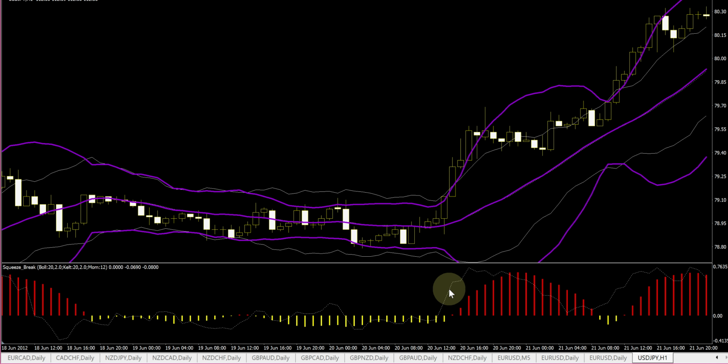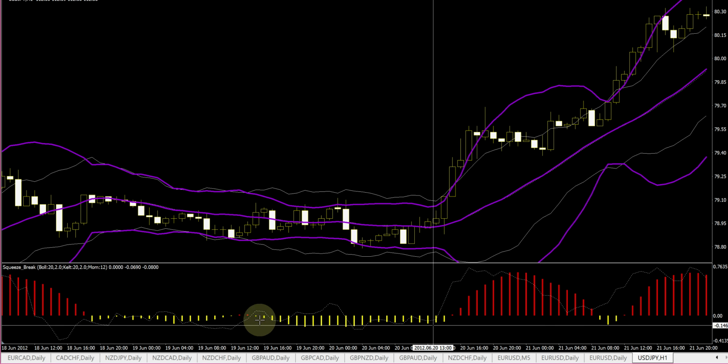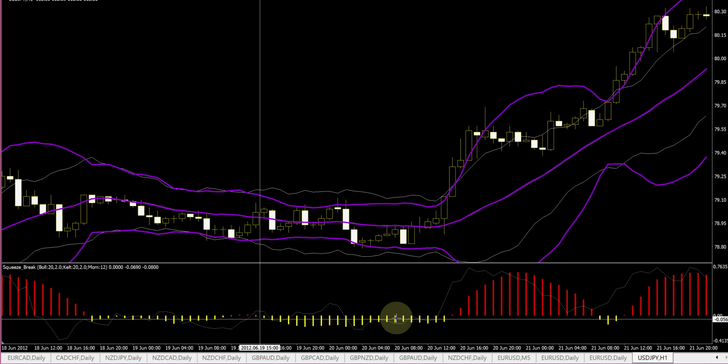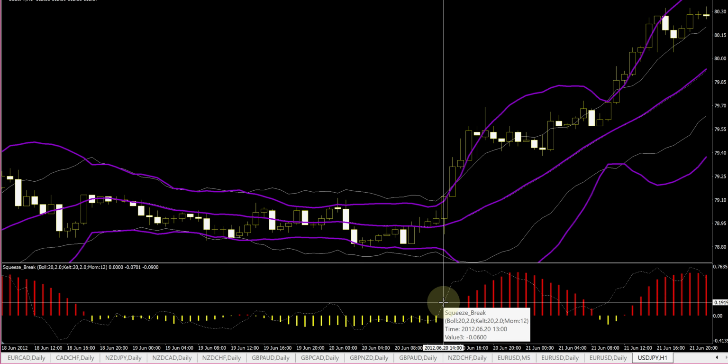So let's take a few examples. All right, let's look at this first example here. We see that we are in a consolidation all along, and by the time we reach this side, we finish consolidation, and look at what momentum is saying. Momentum is positive, so that is we buy.